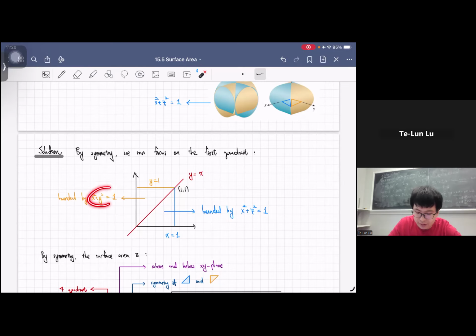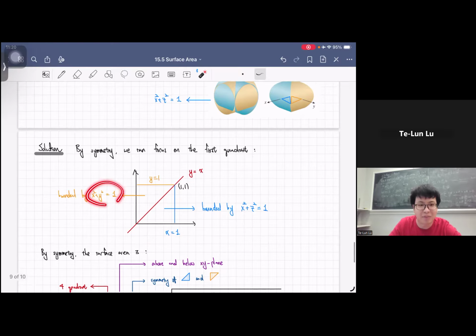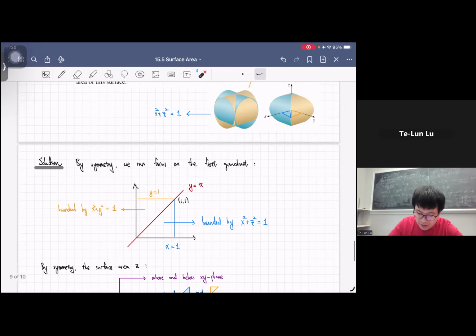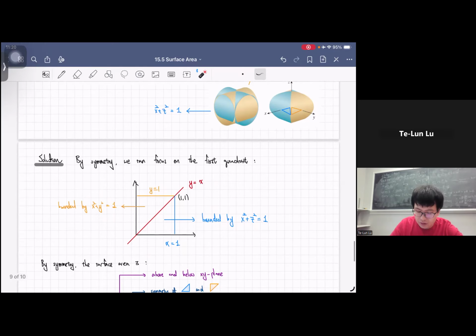Because in this region, when y is larger than x, you always have this guy bounded below by this guy. So in that case, the yellow curve will be our surface of consideration. And in this region, you have x less than y, so this guy is always less than this guy, making you want to consider the blue curve, right?